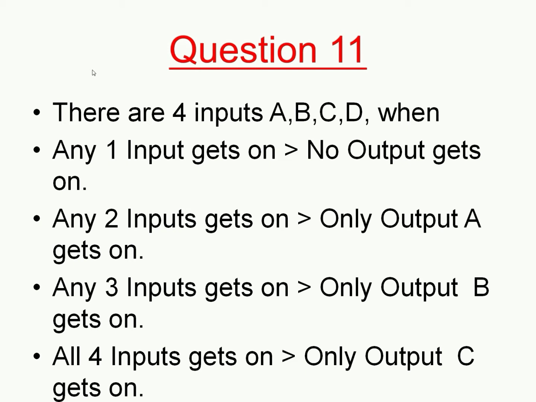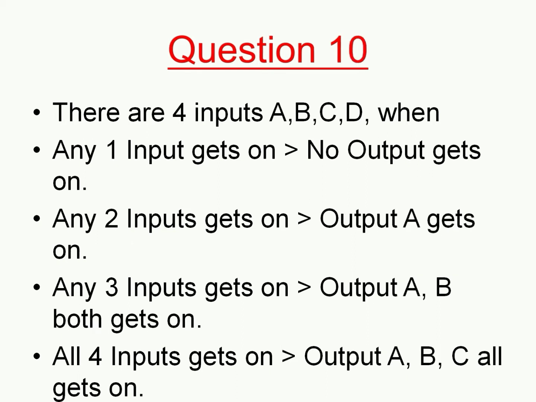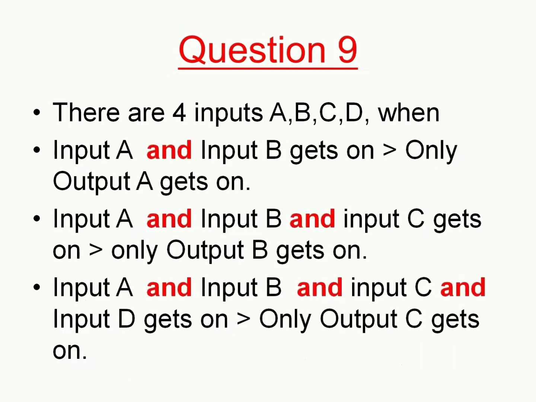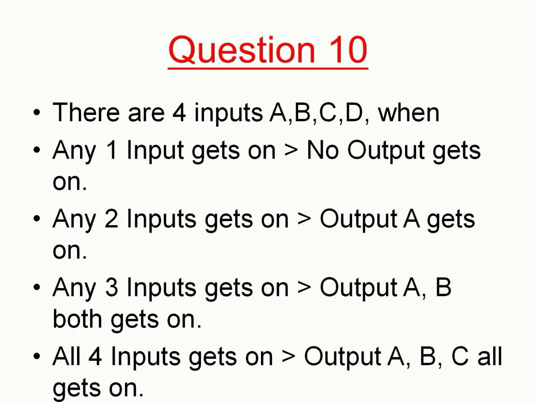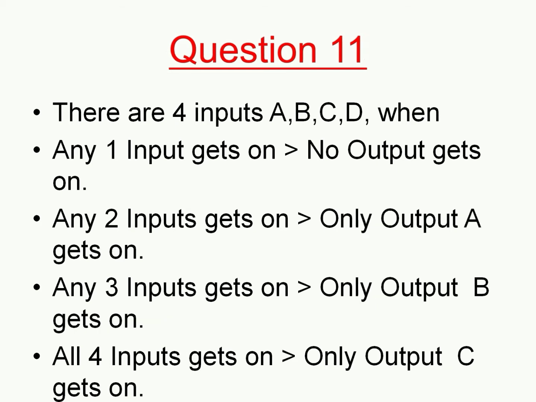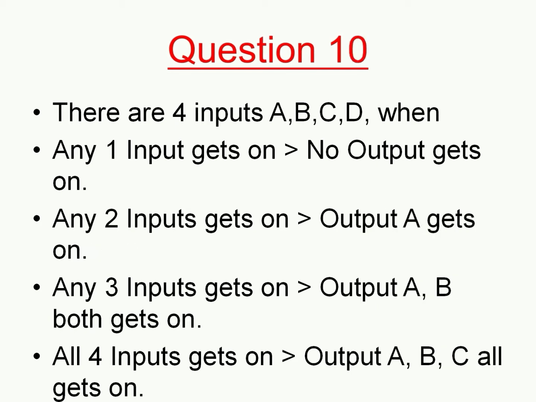For this, you can see question number 10, which is a little bit the same. Here the word "only" is specified: only output A gets on in question number 11. In question number 10, it is written that output A gets on. So the first part, up to any 2 inputs on, output A gets on, is the same for question 10 and question 11, because output B is not getting on till any 2 inputs get on.